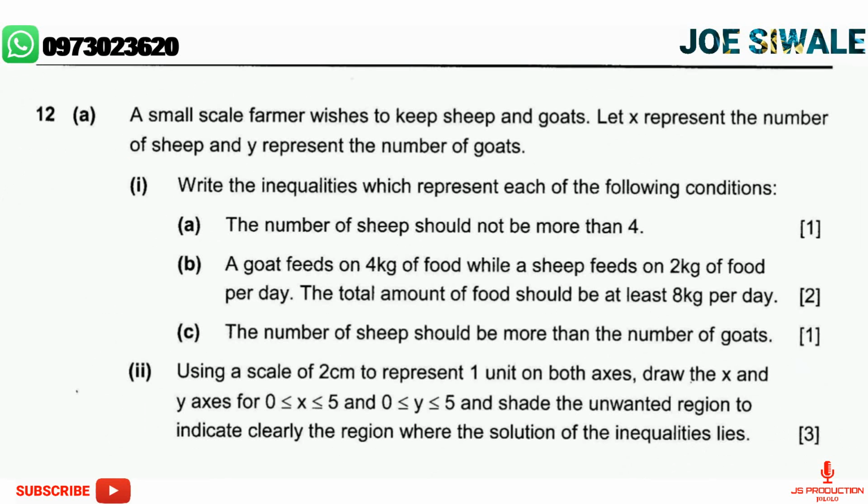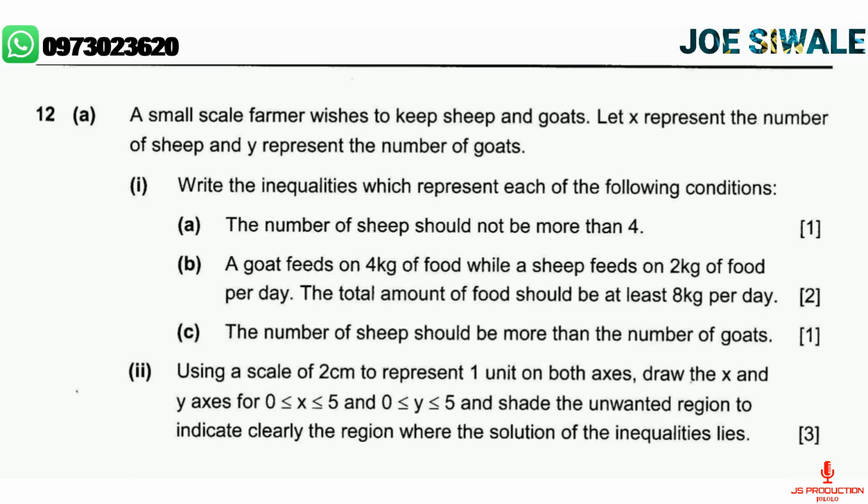So question 12a reads, a small scale farmer wishes to keep sheep and goats. Let x represent the number of sheep and y represent the number of goats. Then the question proceeds, write the inequalities which represent each of the following conditions.